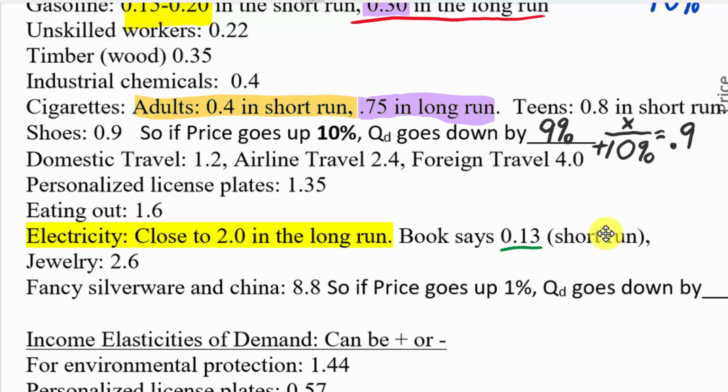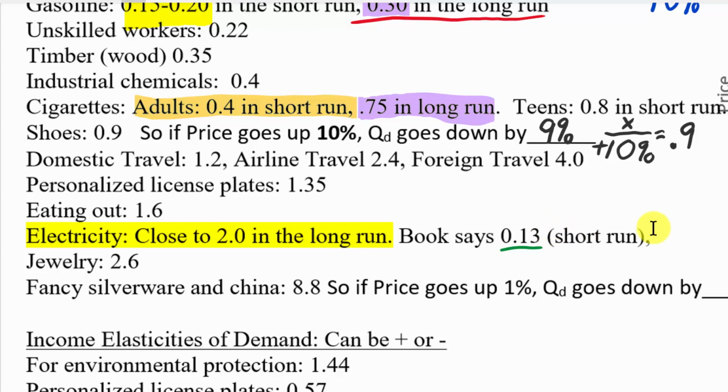They'll get gas heat or solar heat or a solar hot water heater or a natural gas or propane hot water heater. So there are some substitutes. It's just that they take a while for you to get access to them and get them set up in your household. So electricity is much more elastic in the long run than in the short run.